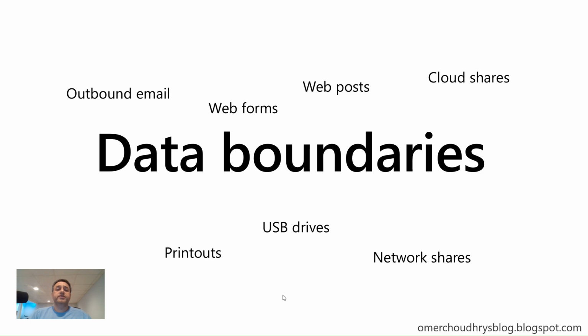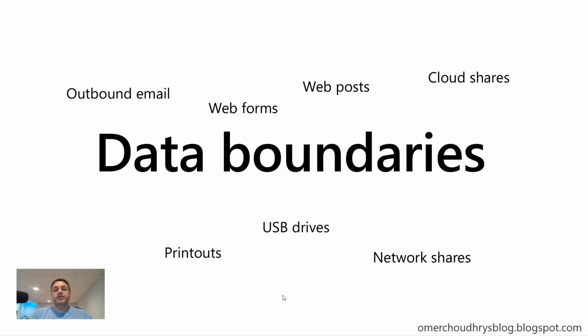Same comes with network shares. However, network shares become a little tricky because network shares are intended to keep the organization's data safe and at the same time accessible to everyone. So, a data loss prevention solution is usually used to scan network shares which are accessible or open to everyone within the organization.